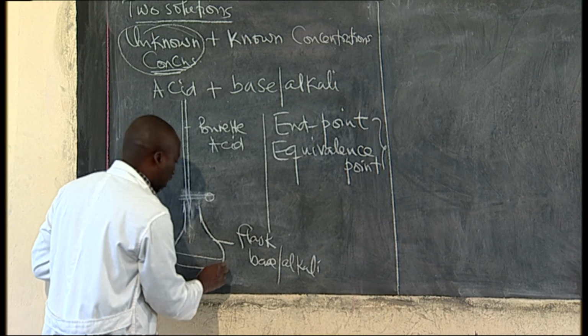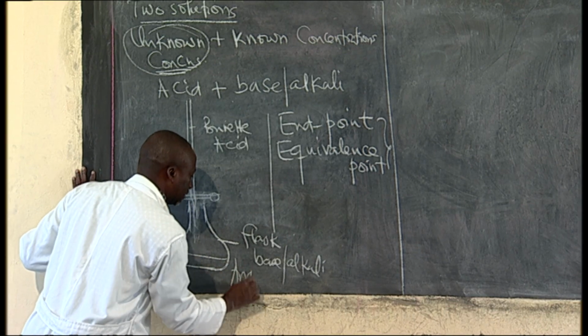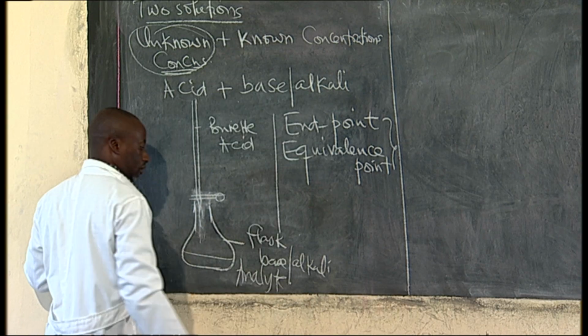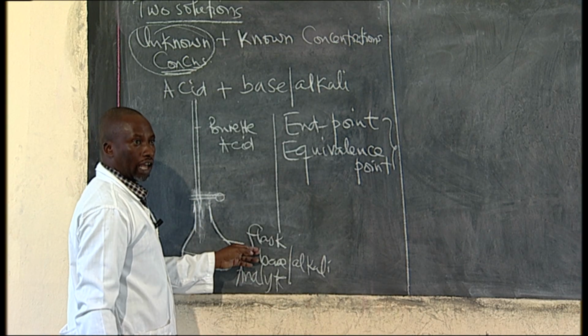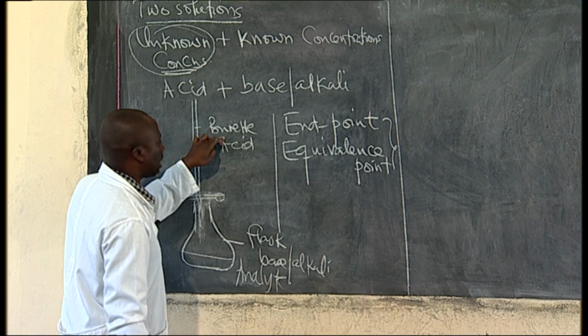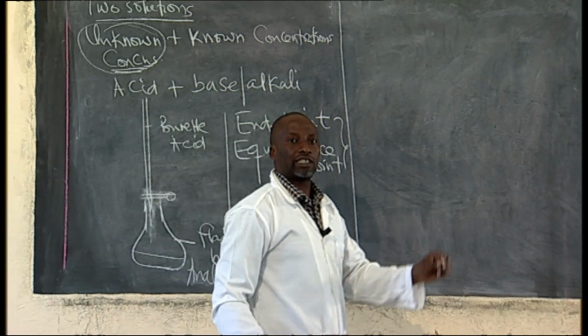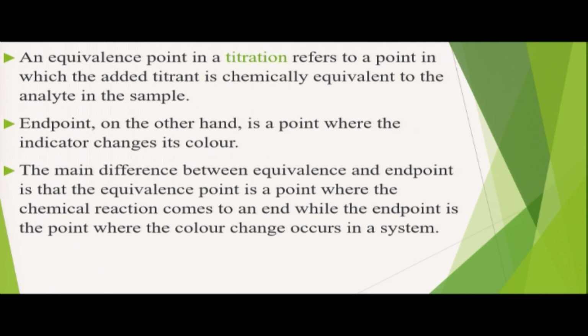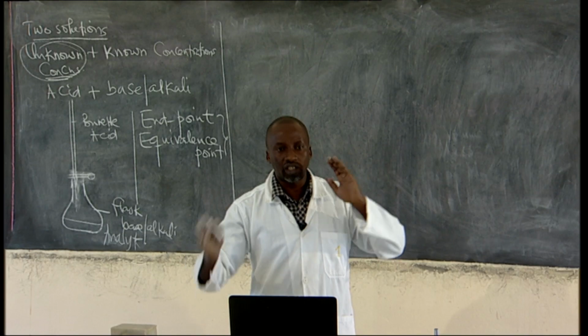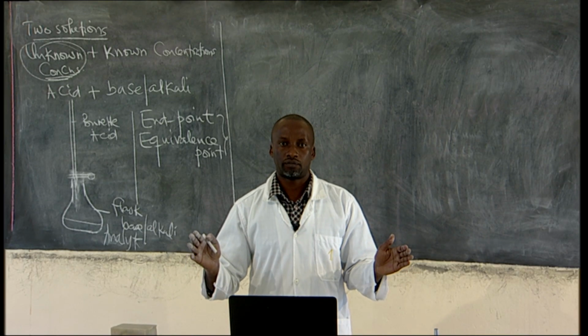The flask here, we call it the analyte. So in this case, the base will be the analyte, and here the acid will be the titrant. So the titrant and the analyte are chemically equivalent. In most cases, the end point is confused with the equivalence point.